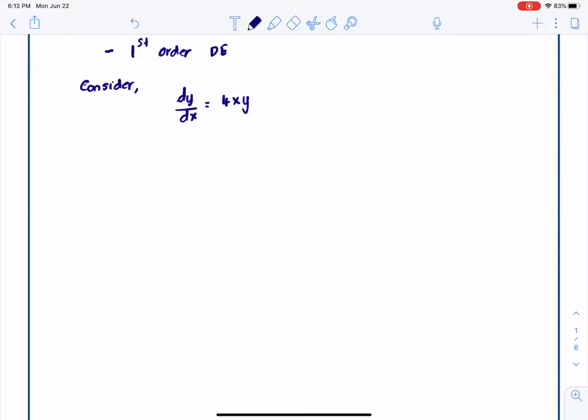The reason being, I could divide both sides by y, and I can multiply by dx on both sides. Now if you look at this, I have the y terms and the x terms separated on either side of the differential equation. So this particular equation ends up being separable.